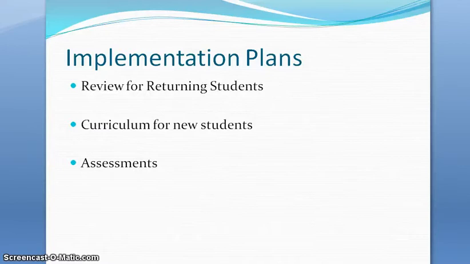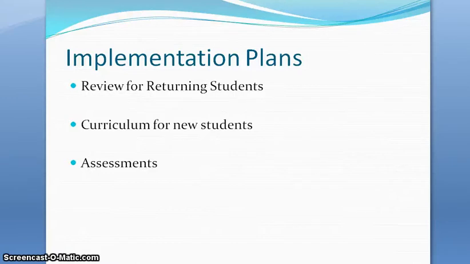Implementation plans. The music program actually begins next week. So after meeting with the owner or the supervisor of the summer camp, we decided that we would actually work towards implementing this interactive lesson to help the students that are returning as a review for them to help them remember the lines and spaces and the things that the lessons cover.